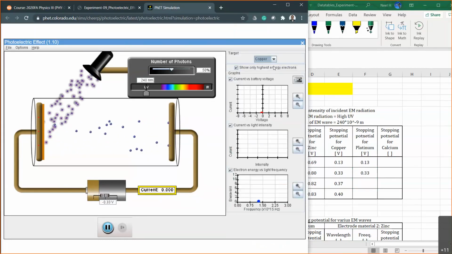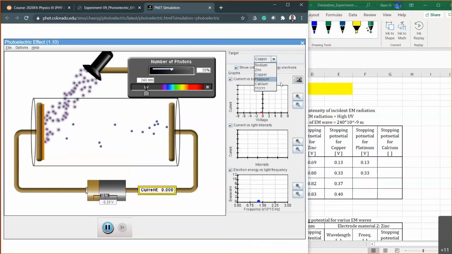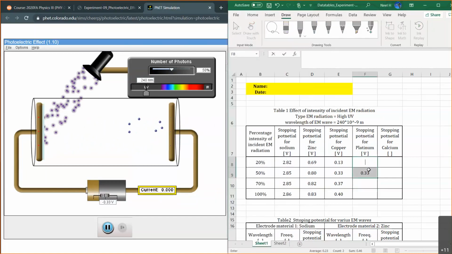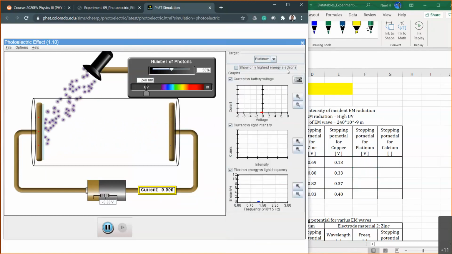Because both are, oh, I'm still on copper, I did not change it. We want to check the platinum, right? Let me change that. Let me check that again. Okay, I think I forgot to change to platinum right here, the electron. Oh, I mistakenly re-clicked that. Make sure it's on the platinum selection, otherwise the numbers are exactly the same. It might be because both of them are good metals, but I need to recheck that to confirm.